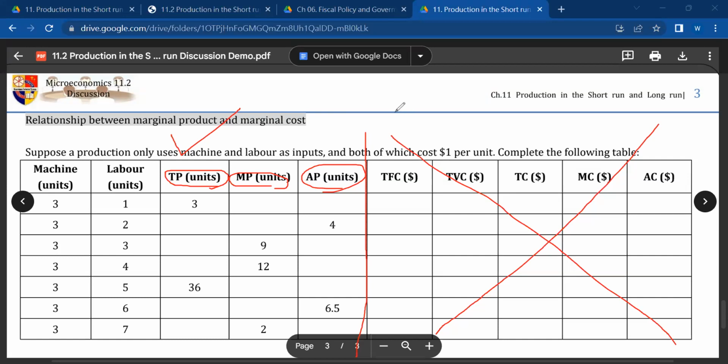Okay, time's up. Okay, let's check the answer.